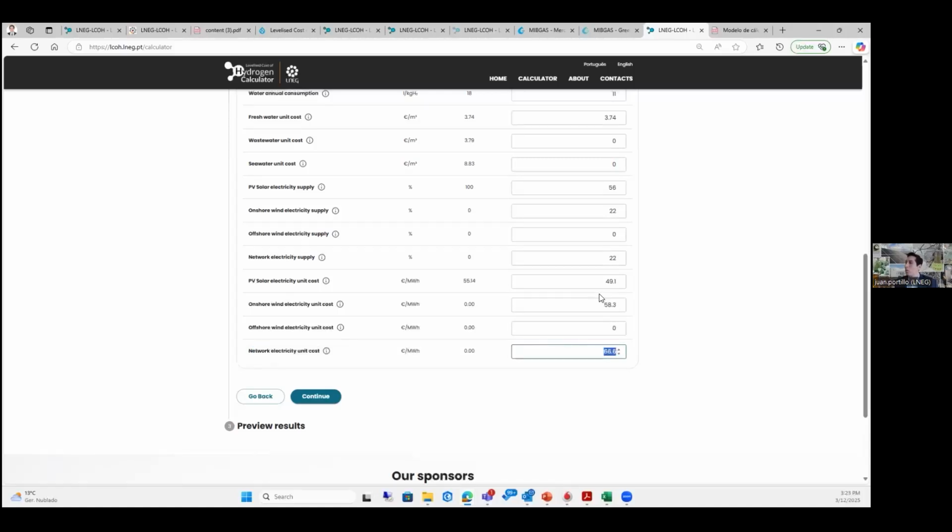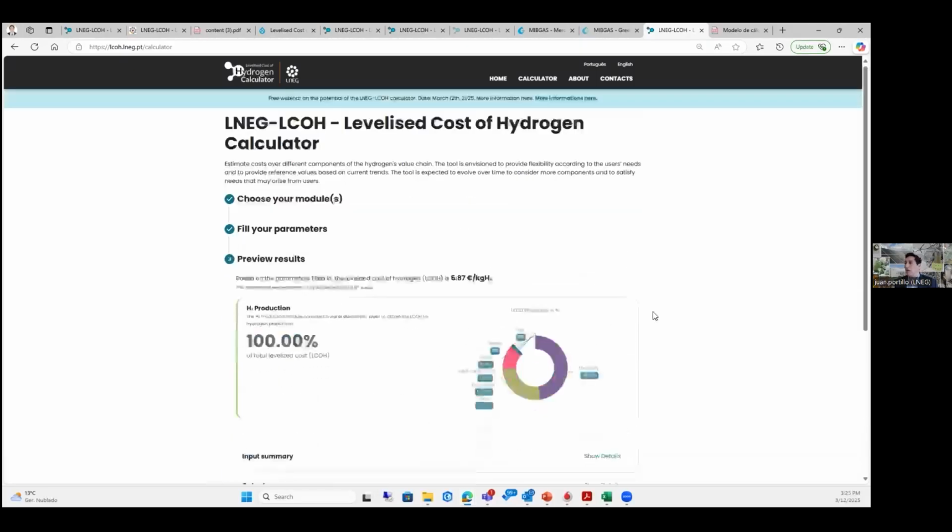What we did was to take these values and increase them by 20% and distribute it in the relation they stated in the description of their index, which is 70% for wind and 30% for solar. And we got this value that is over here. We believe this is a representative value that reproduces the index. But of course, with actual data, we could have the exact values in here.